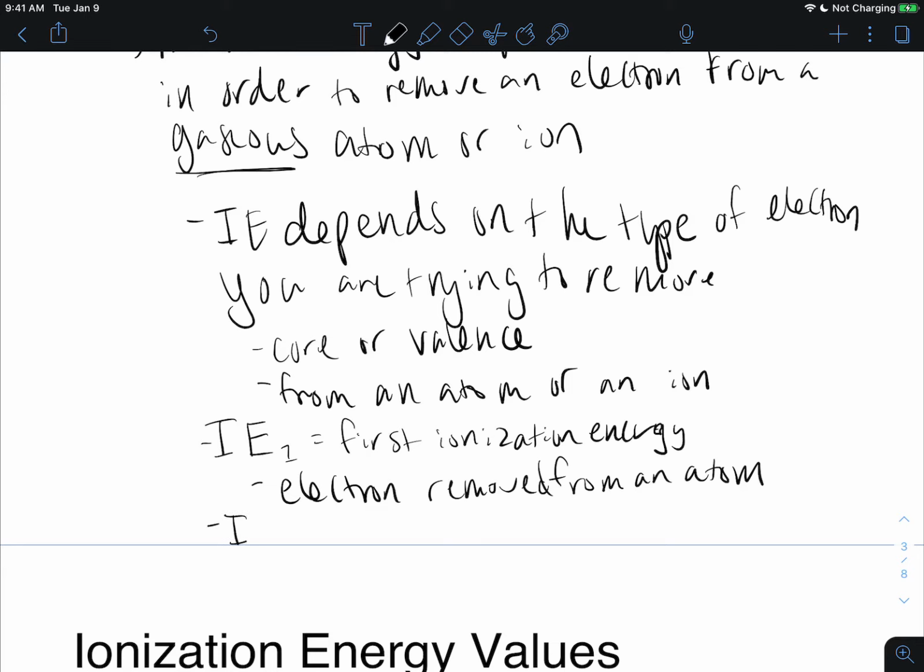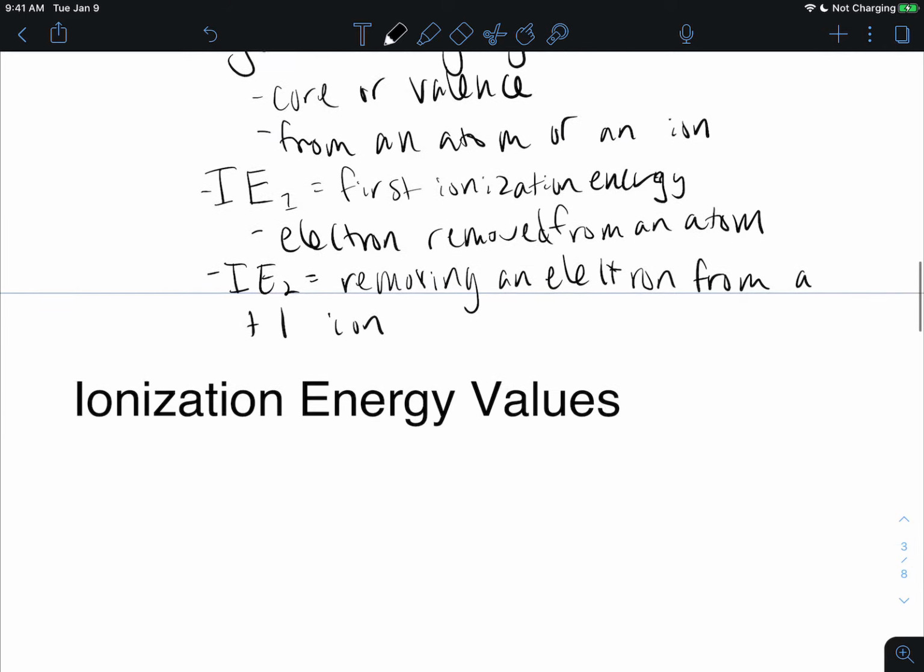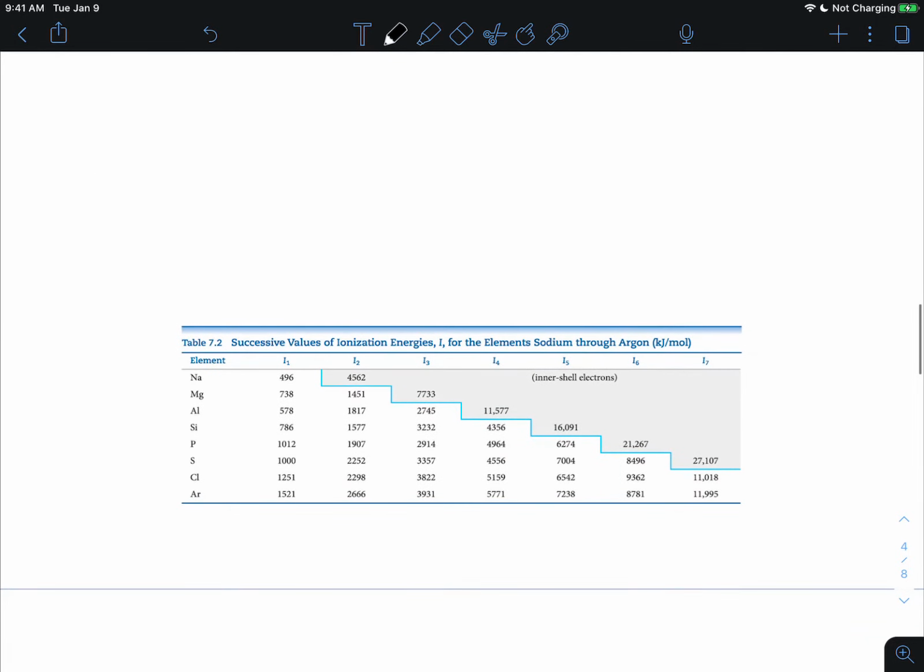Then our second ionization energy, this is going to be removing an electron from a +1 ion. A little bit harder. The more electrons you remove from the same species, the harder it is, the more the energy is to remove that. And we can see that if we look down at this table.